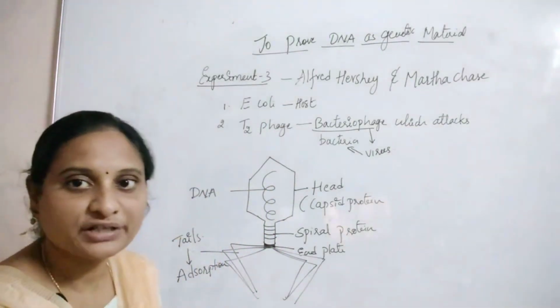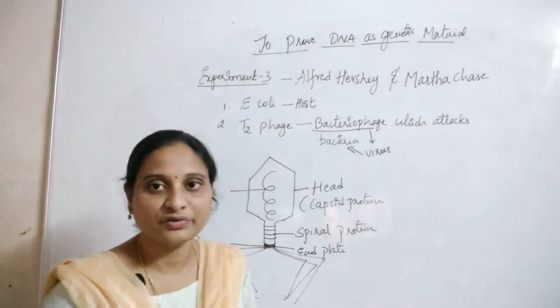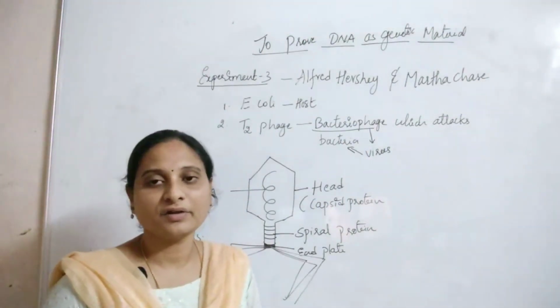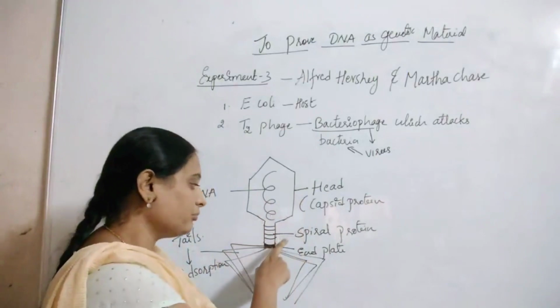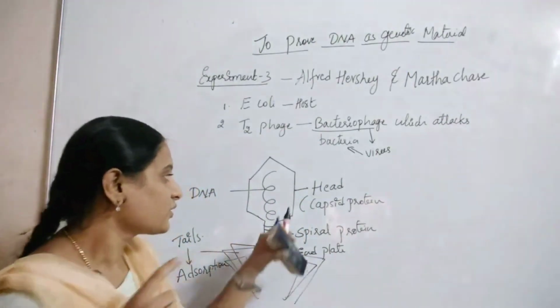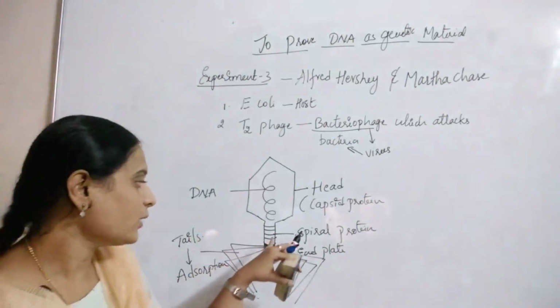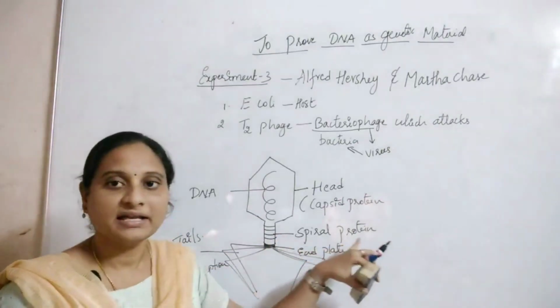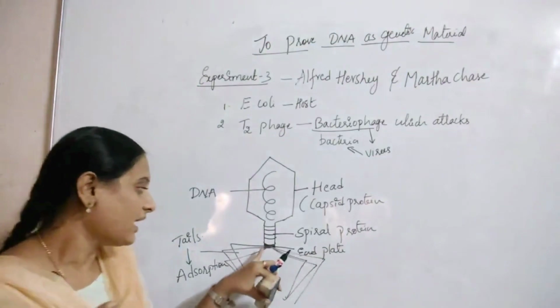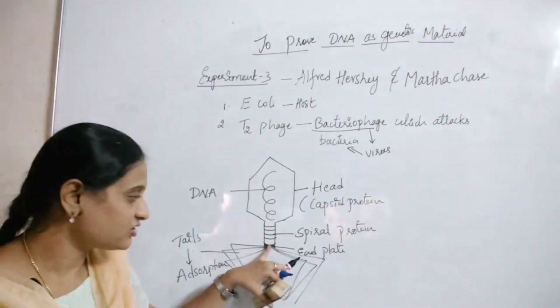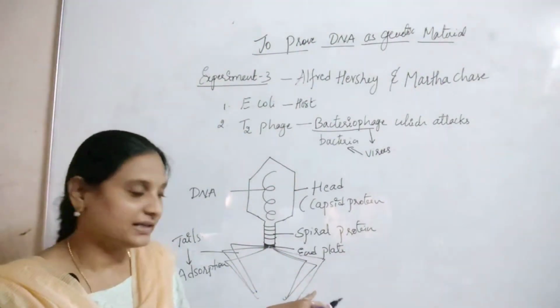So in the structure of bacteriophage, we can identify three parts: head part, middle piece and tails. The head part contains DNA as genetic material, whereas the middle piece contains a spiral protein, and attaching to the end plate there are tails.